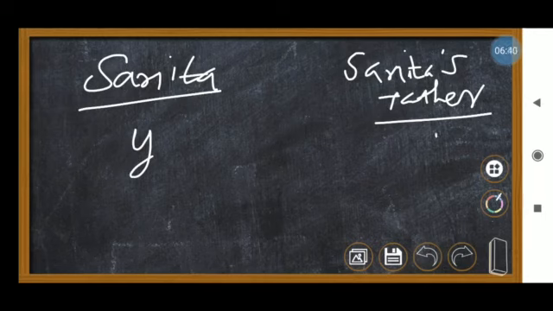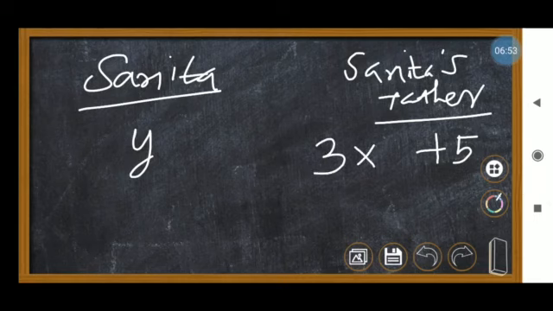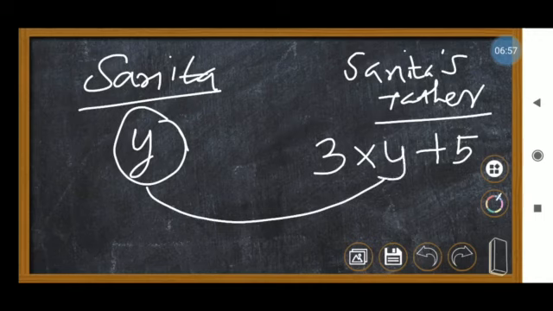So 5 years more means we have to put plus 5 at the end. And 3 times Sarita's age, the present age, is Y. So 3 into Y plus 5.